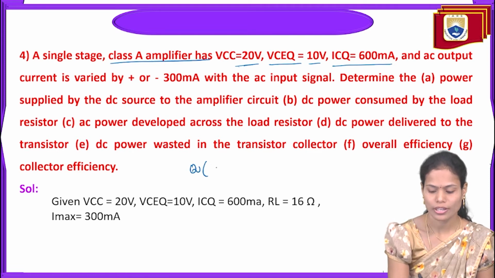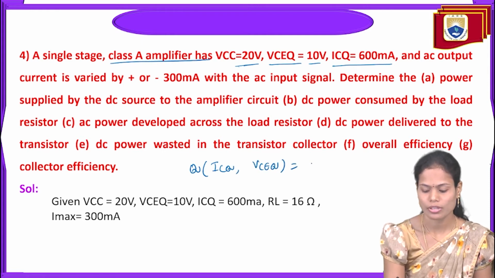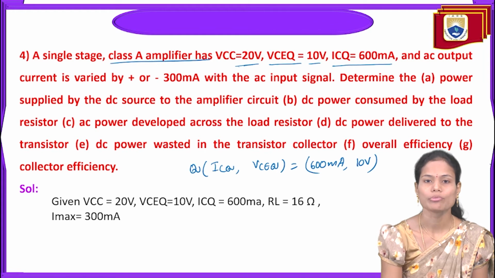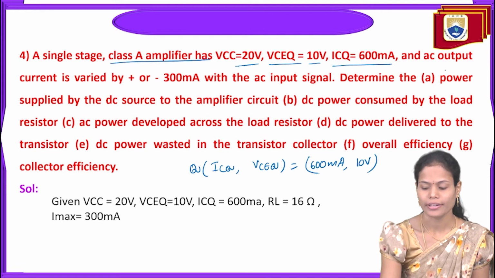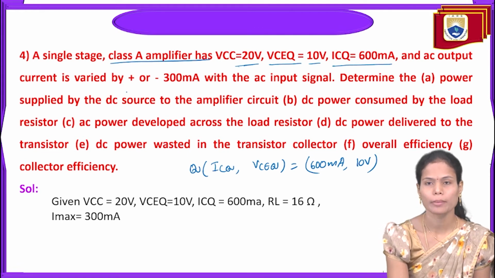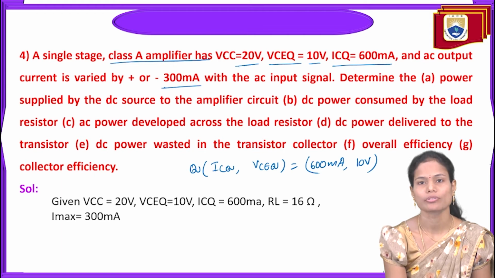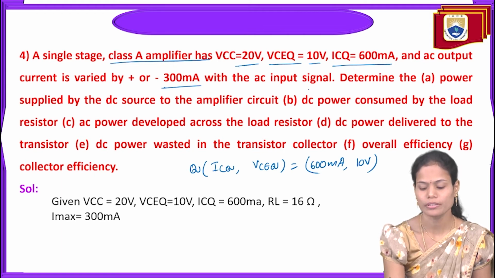So with these values, it will operate in the proper active region for amplification. And the AC output current is varied by plus or minus 300 milliamps. The maximum current flowing in the circuit is 300 milliamps with the AC input signal.